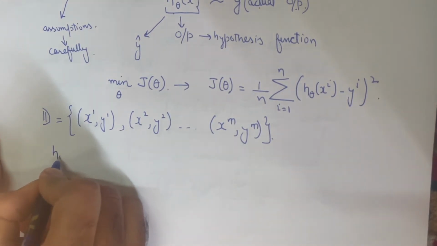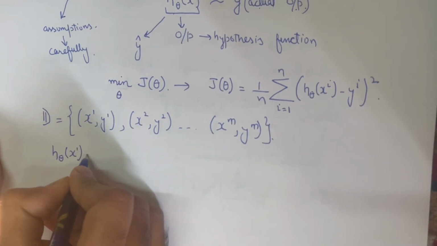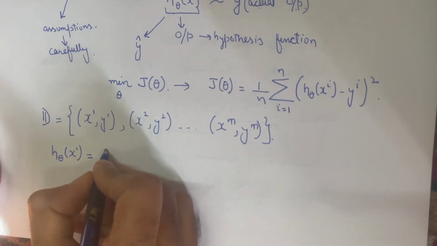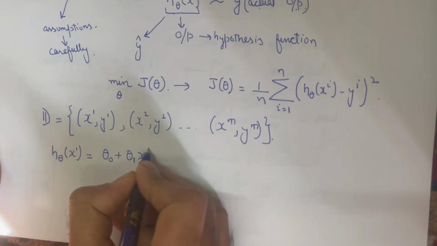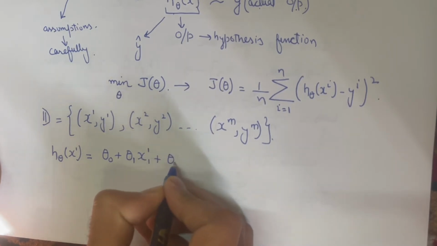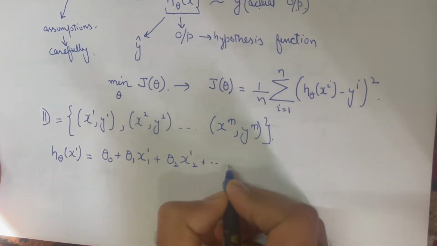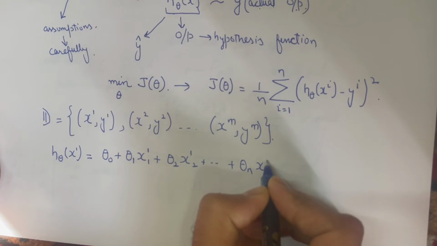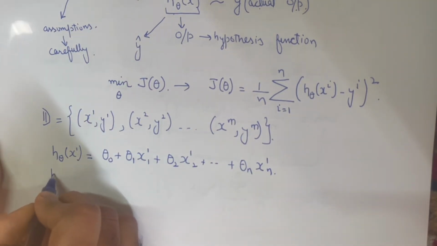So we will first find h of theta x1, and that will be equal to theta 0 plus theta 1 x11 plus theta 2 x12 plus dash dash dash theta n x1n. So this is for x1. What is it for x2?